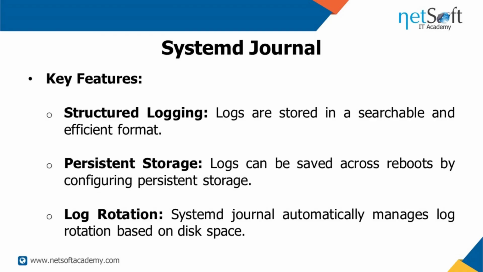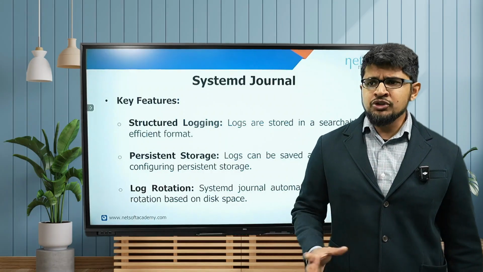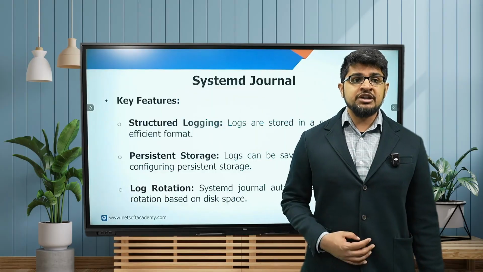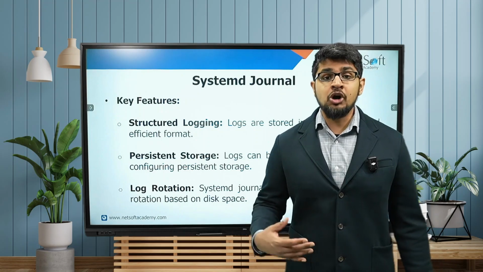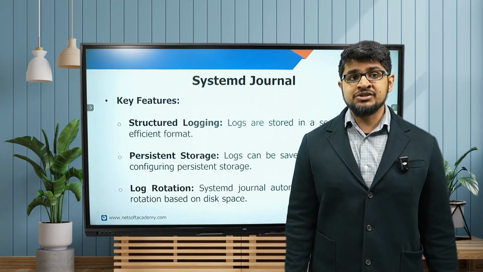Logs can be persistent or even non-persistent to manage storage space accordingly. And of course, it is included in the systemd log rotation, where the systemd journal will automatically manage log rotation based on disk space.